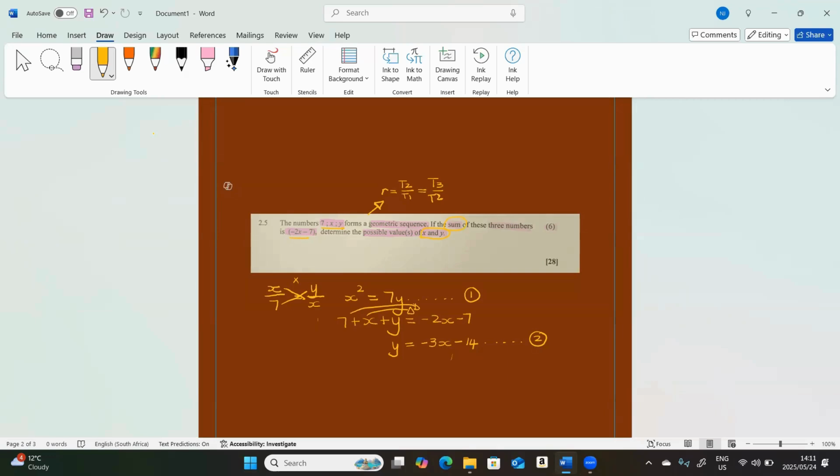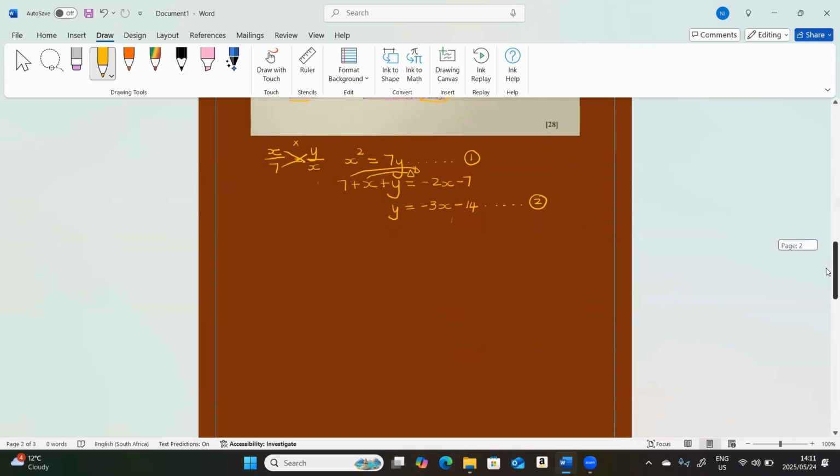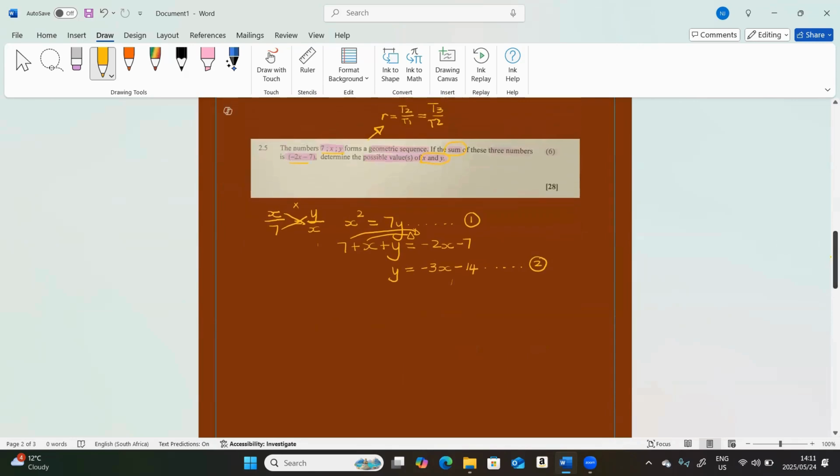Okay, now we can clearly see that you can use elimination as well. It's up to you, but we already isolated y in equation number 2. So we are going to use substitution to solve for x and y.